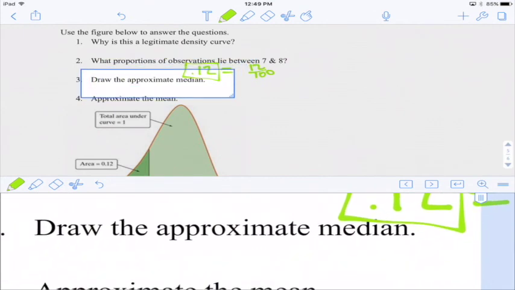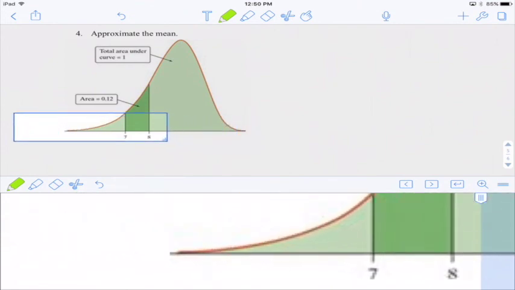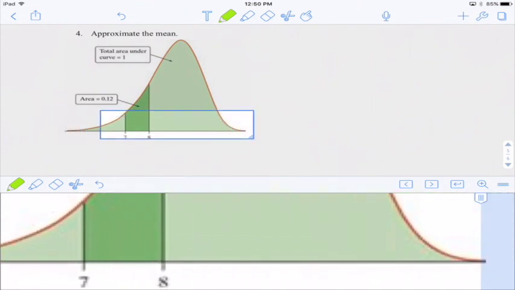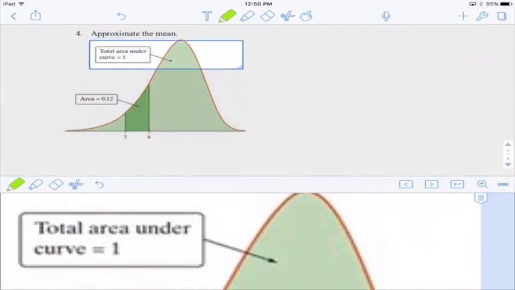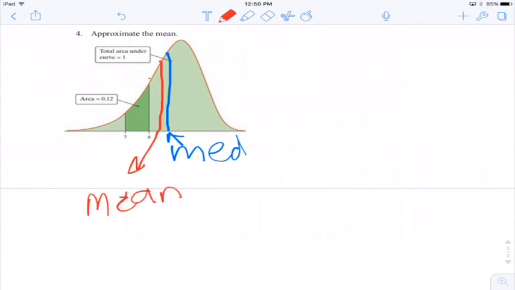And we draw the approximate median. Well, the mean's going to be pulled a little by this skewness, and the median is going to split it in half. So we're just going to draw those. The median would be approximately there, and remember the mean's going to get pulled a little this way by that skewness. Again, we're approximating.